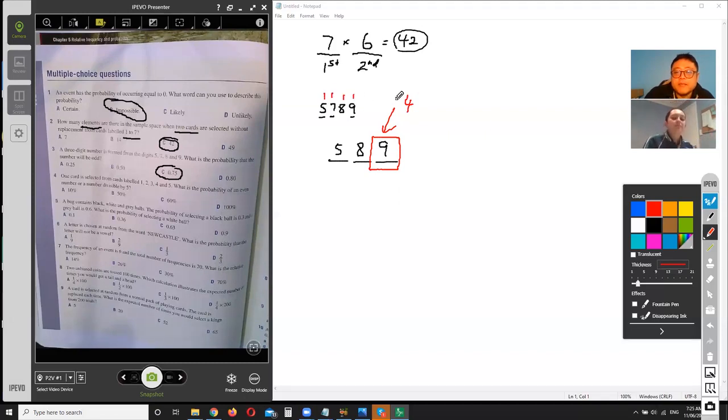And how many will make this odd? 3. So 3 out of 4, which is 0.75.